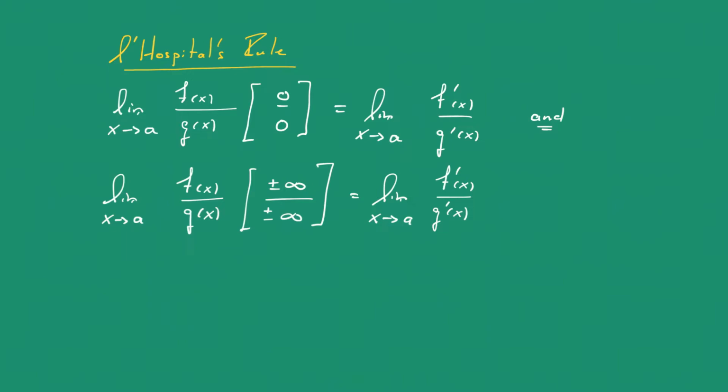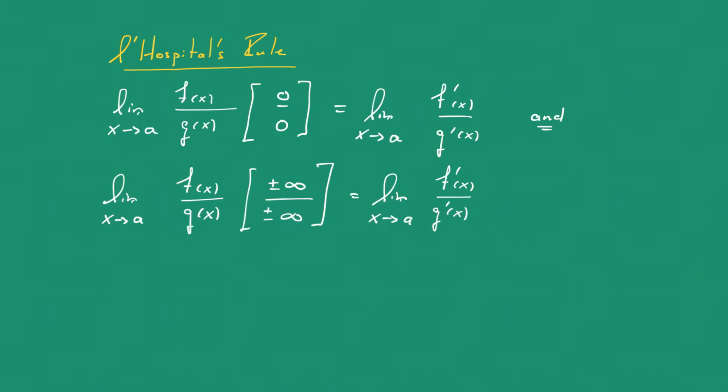If you're trying to evaluate the limit as x tends to a of a quotient like this, which is either of indeterminate type 0 over 0 or of indeterminate type plus or minus infinity over plus or minus infinity, well, you can evaluate that limit as x tends to a by evaluating the limit as x tends to a of the function obtained by differentiating the numerator and differentiating the denominator.